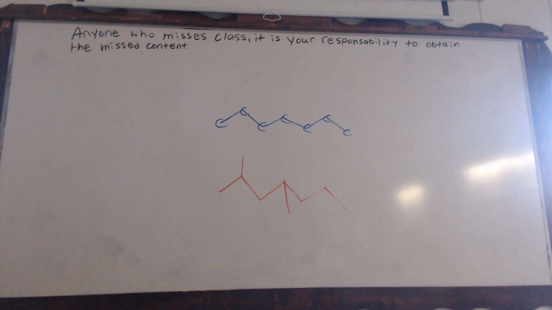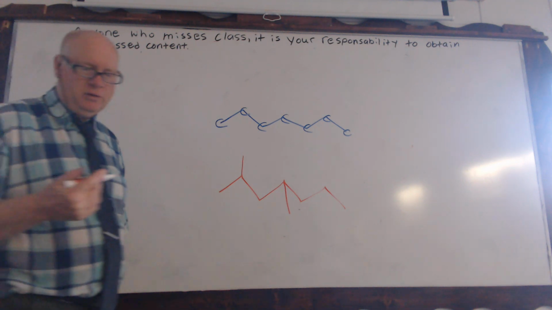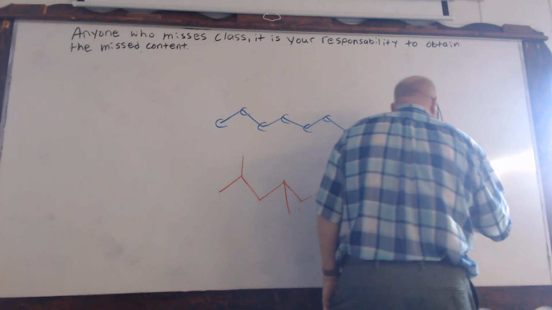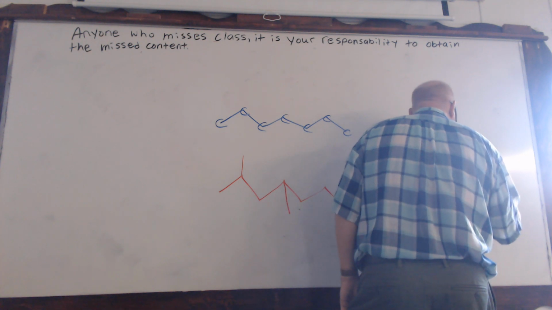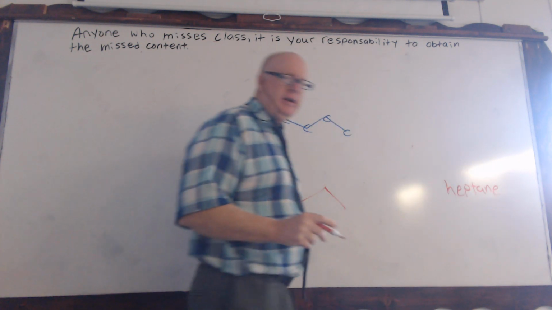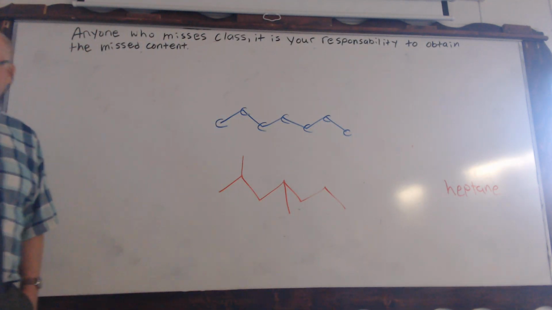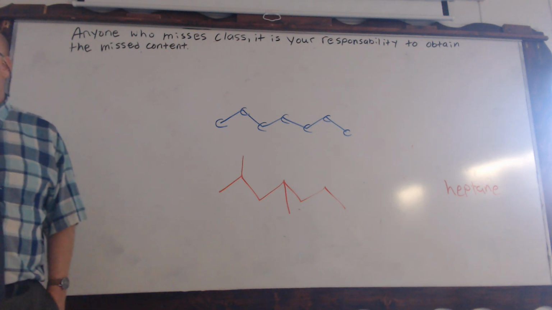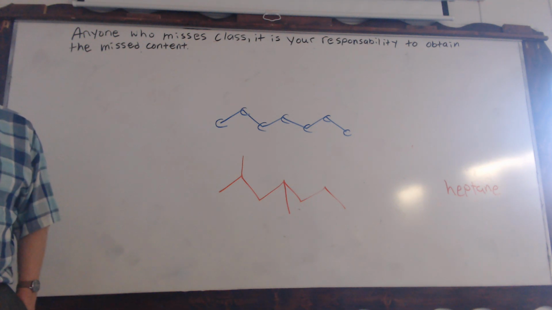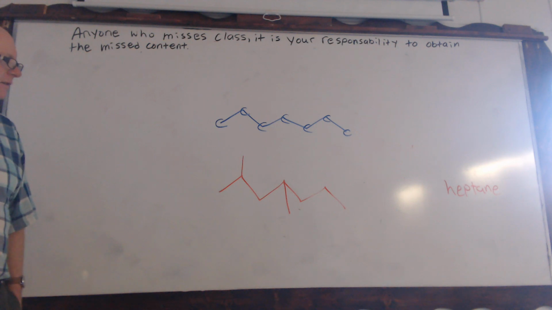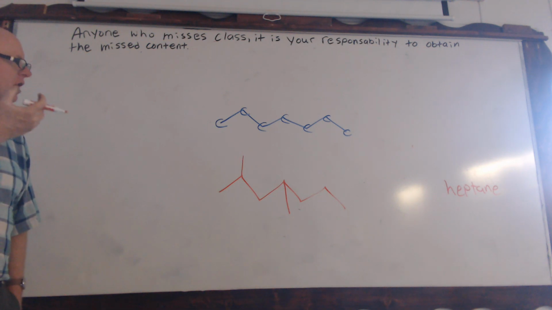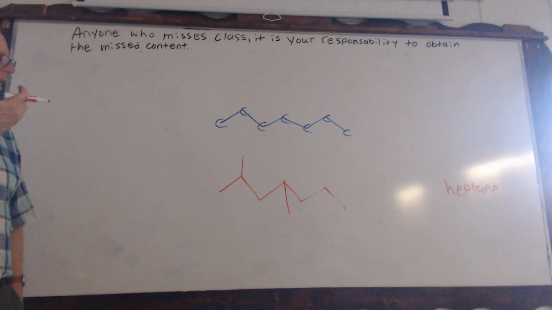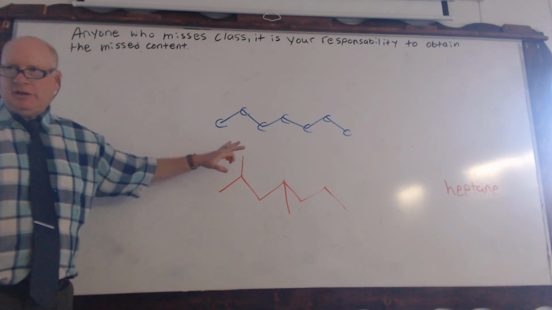It's still heptane, so we can go ahead and draw that in. So we know that's heptane. Yes, they are. And it's just under a presumption that, and we say that that's correct.